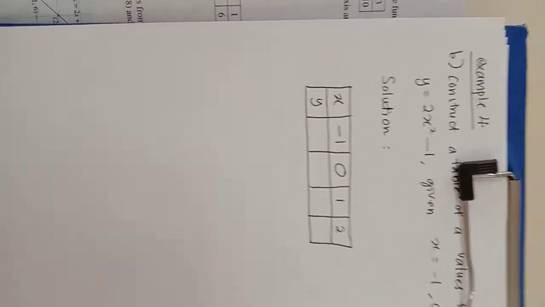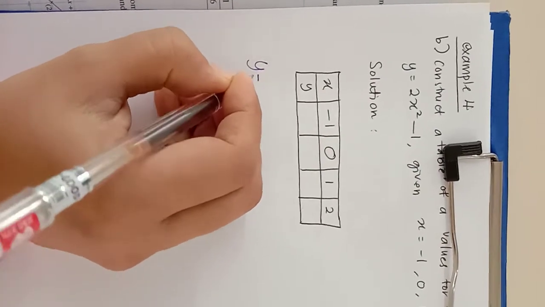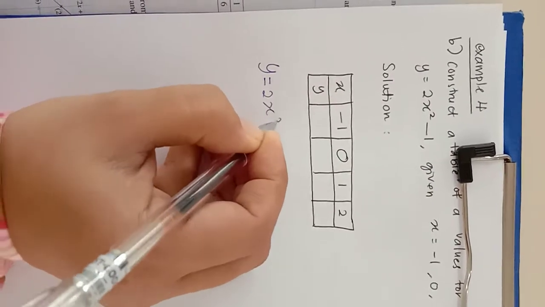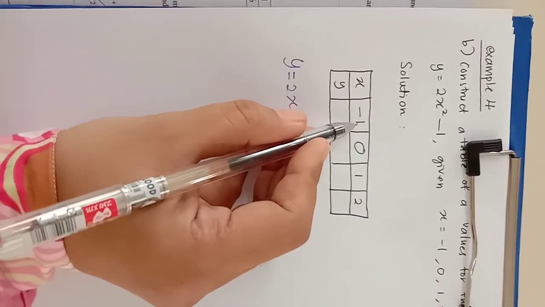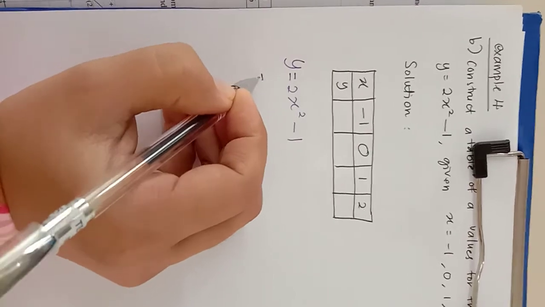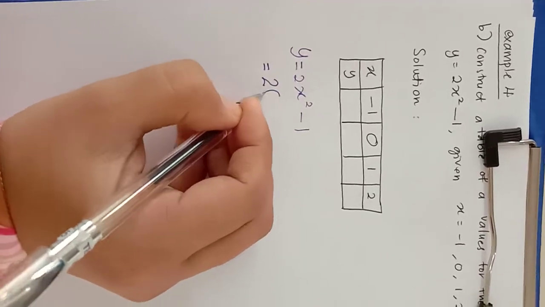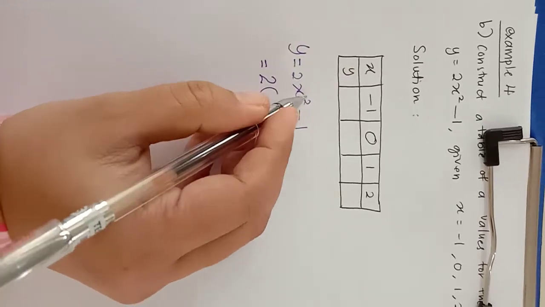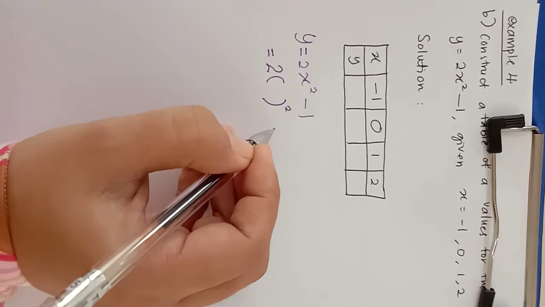So what we need to do first, kita tulis balik soalan formula. y equals 2x square minus 1. Okay, the value of x is negative 1, right? So jangan confuse apa-apa, salin dulu. 2 is 2. Yang x ni apa-apa simbol function kita buat bracket. Kuasa 2. x is a bracket, power of 2, minus 1.